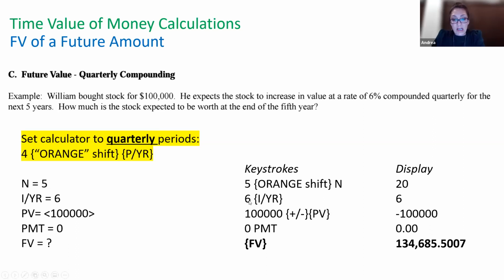Then 6 I/YR for the interest rate, the second button on the top row from the left. Our present value is $100,000 that we enter as a negative. So 100,000, hit your negative button, and PV to input the $100,000. And we are solving for future value, which is $134,685.